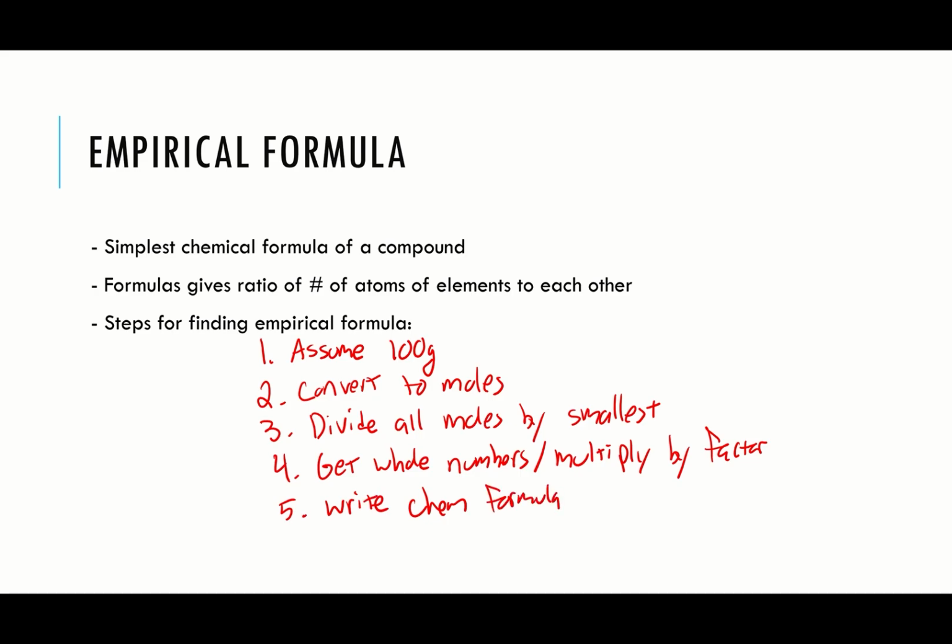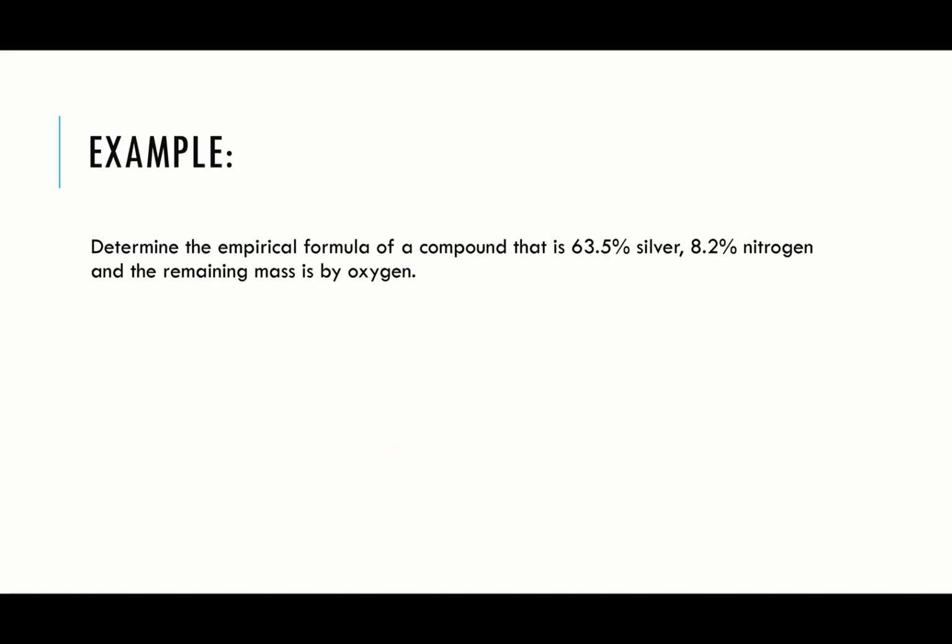So let's actually put these steps into practice and see what exactly they're telling us to do. Here's an example question. Determine the empirical formula of a compound that is 63.5% silver, 8.2% nitrogen, and the remaining mass is oxygen.